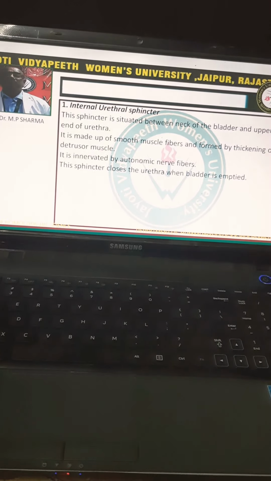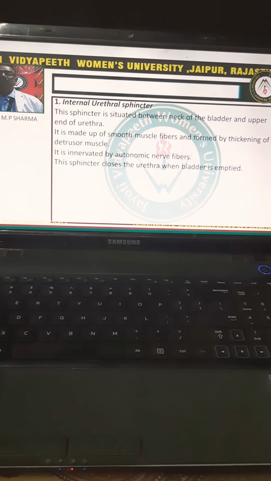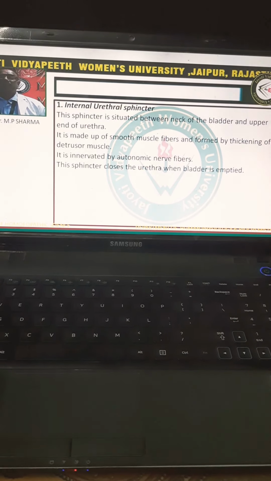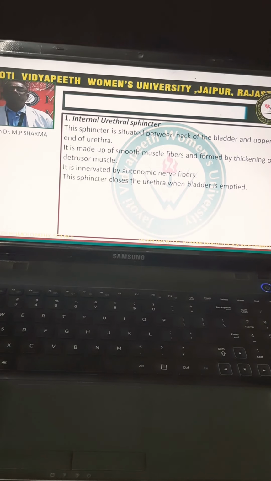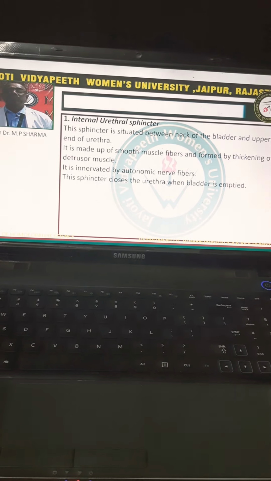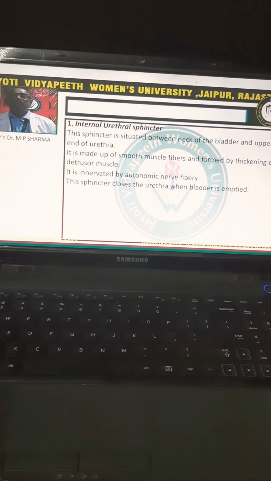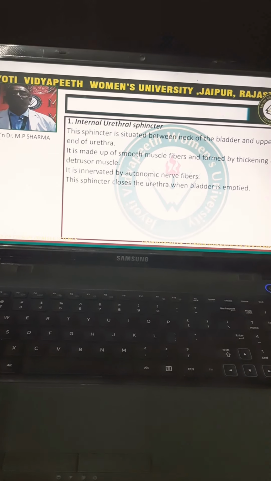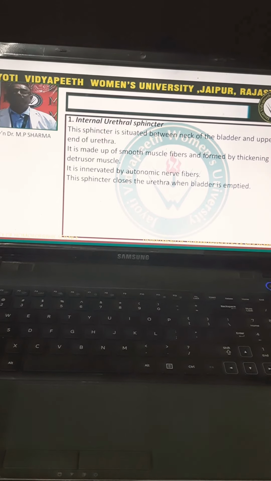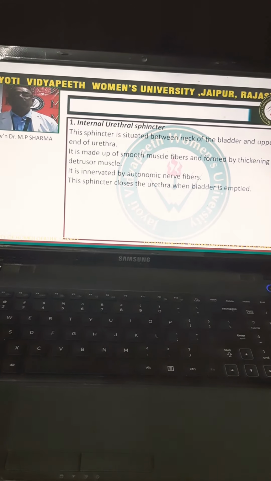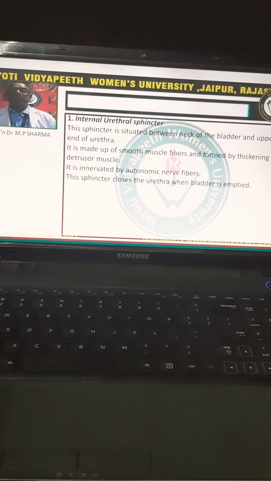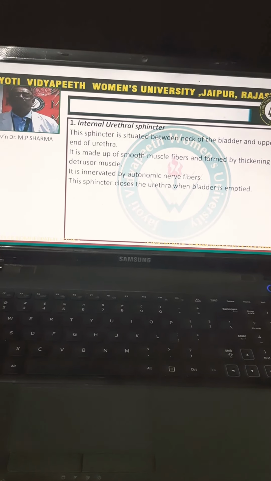There are two urethral sphincters in urinary tract, internal urethral sphincter and external urethral sphincter. Internal urethral sphincter is situated between neck of the bladder and upper end of the urethra and it is made up of smooth muscle fibers and formed by the thickening of the detrusor muscle and it is innervated by the autonomic nerve fibers and this sphincter closes the urethra when bladder is filled.